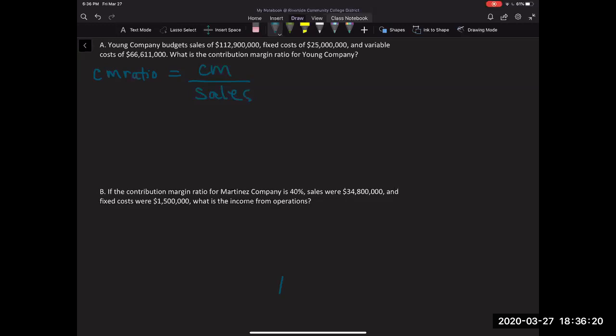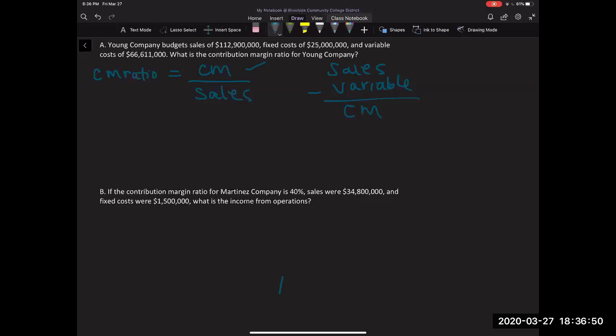Now looking through this, my contribution margin, they didn't provide it. So first I need to come up with my contribution margin and then I can plug it into my formula. To find our contribution margin, we need sales less my variable cost, and that will be contribution margin.